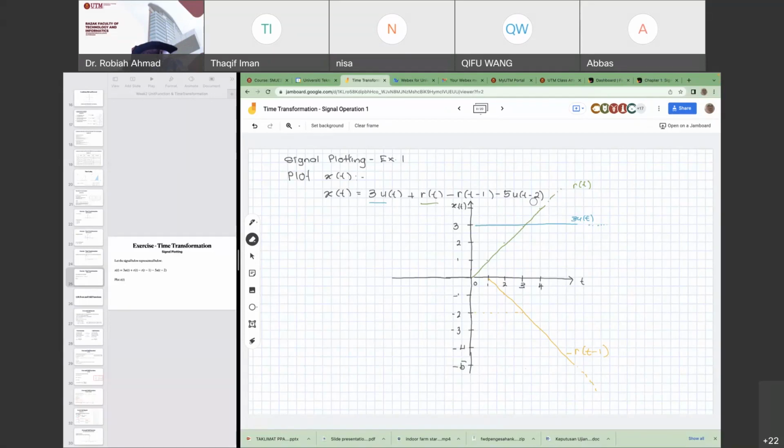The magnitude is 5. So this is negative 5, the amplitude, and then shifted to the right by 2. Okay, so now that we have all the 4 individual components, we want to add everything.